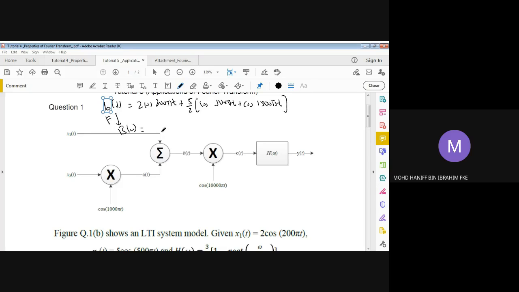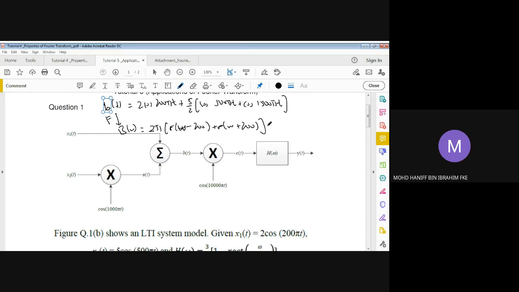All right, in which if we can proceed with this Fourier transform, you're going to have a 2 pi delta omega minus 200 plus delta omega plus 200. Okay, that is for this particular 2 cos 200 pi t.